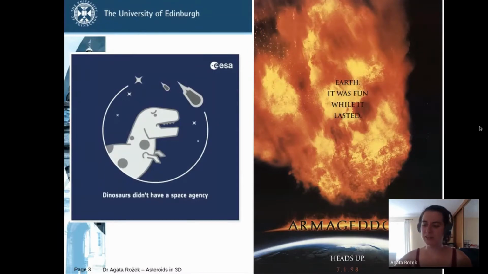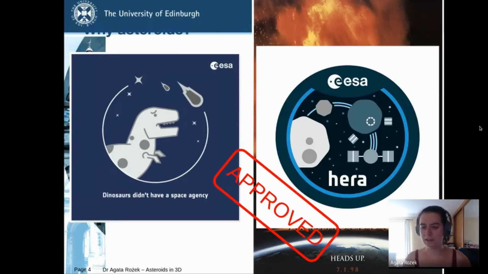Maybe not at the level that led to the eventual demise of the dinosaurs, but they can be quite dangerous if we don't know enough about them to stop them. The methods that are depicted in the movie, from what I've heard, are a bit dubious, but fortunately we have actual space agencies that are working on methods of real asteroid deflection.